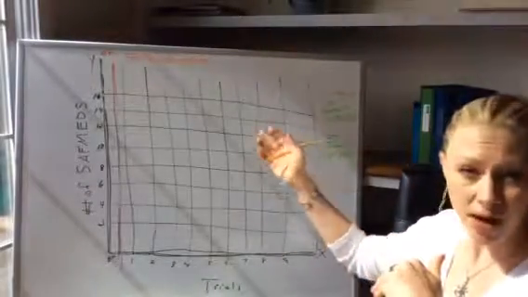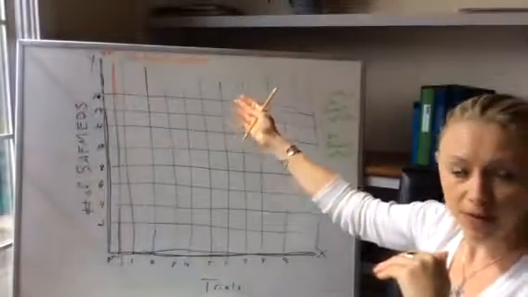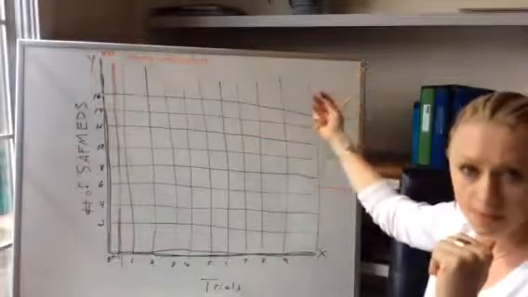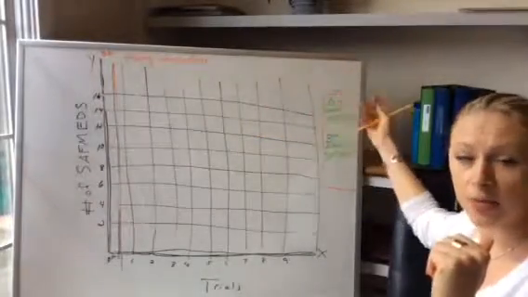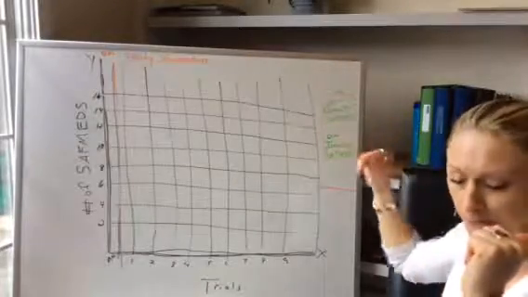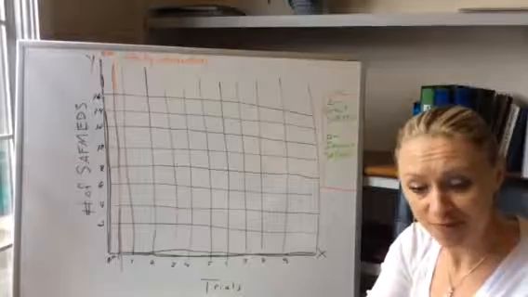So then you would have obviously different phases, and then you would have different phase labels like treatment A, baseline, treatment B, baseline, okay? So it's very important that you have that information on your graph.